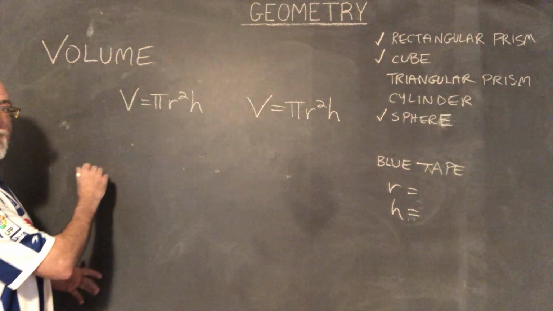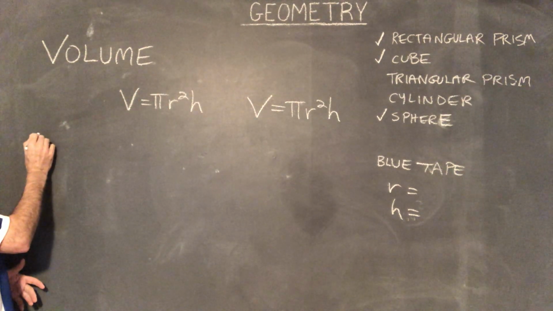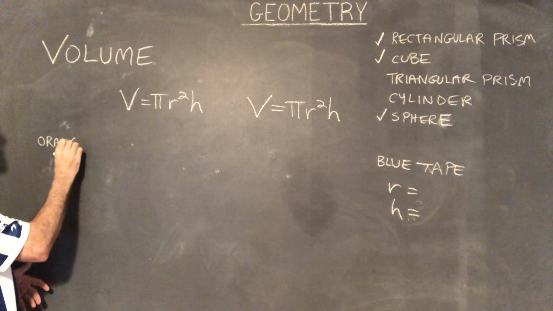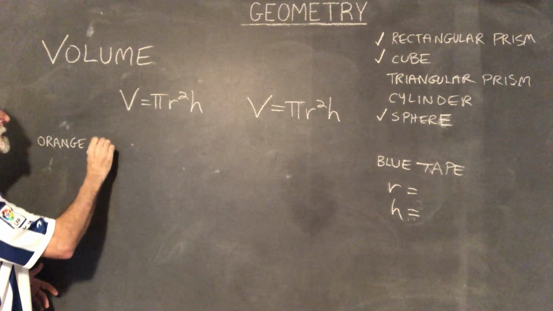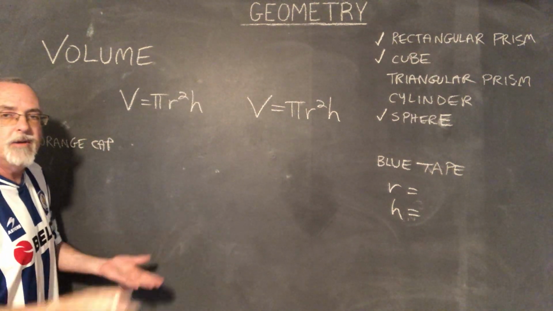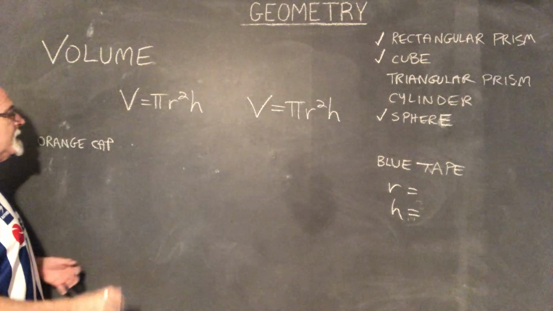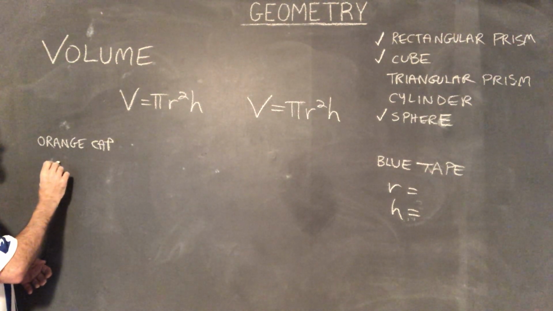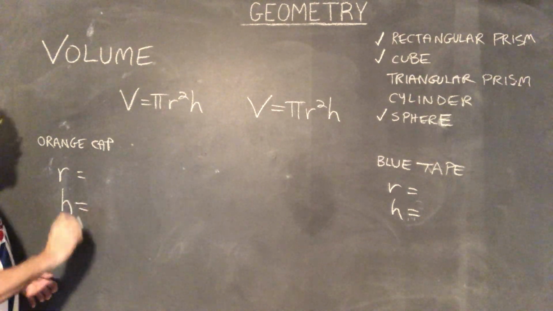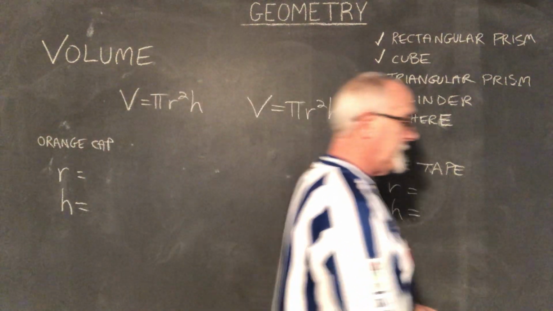And then over here, the orange cap. I'll call it the orange cap because it is the cap for a can of spray that you could spray on your bicycle chain to stop it squeaking. The orange cap also has a radius and a height, and I also have to measure those. So let's get busy and do some measuring.